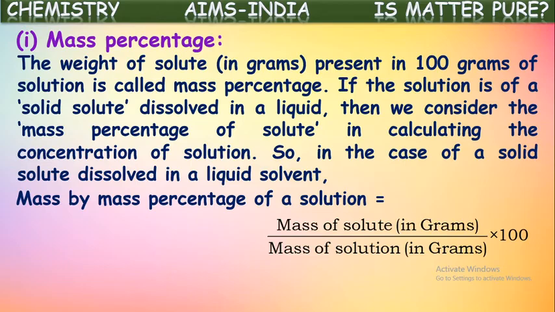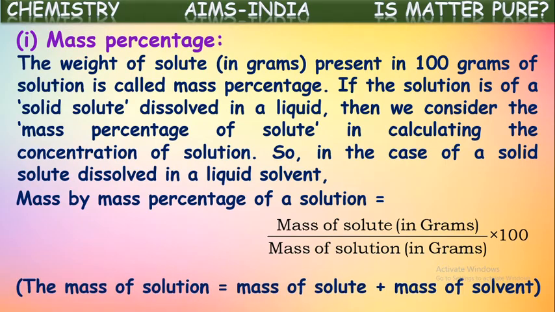That means it gives the mass or weight of solute in grams present in each 100 grams of solution, nothing but the mass percentage or mass by mass percentage. This is one of the types of expression used for calculating the concentration of the solution. Generally, it is used for solutions in which the solute is a solid substance.